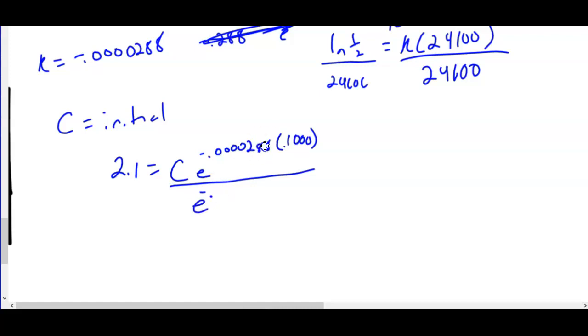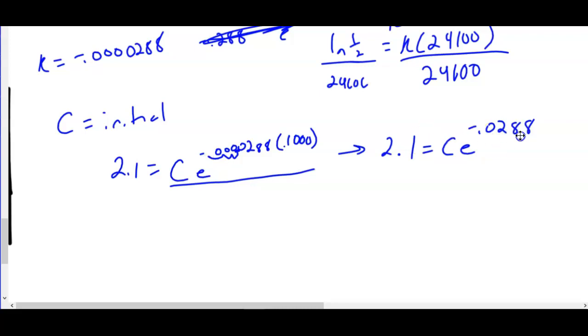Well, when you multiply that, let me backtrack. All right, there we go. Now you can see 1,000, 3 zeros, so 1, 2, 3.